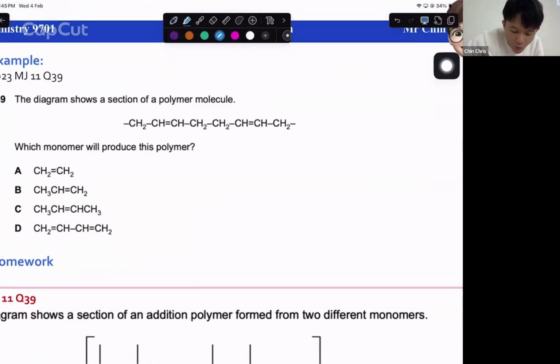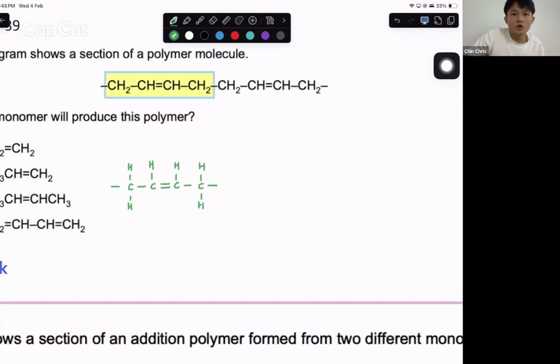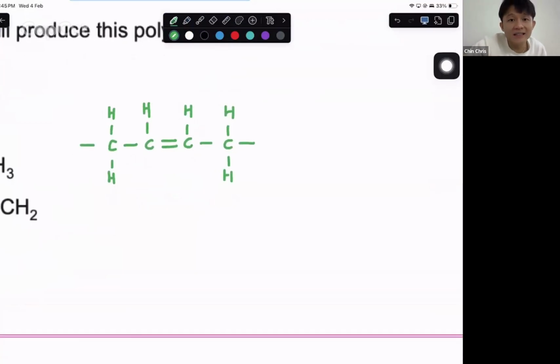All right, guys, first is to identify the repeating unit. This thing is my repeating unit, correct or not? I'm going to draw out my repeating unit first. You see, CH2, CH double bond CH, CH2, correct or not? Connecting line. There is a hidden connecting line.